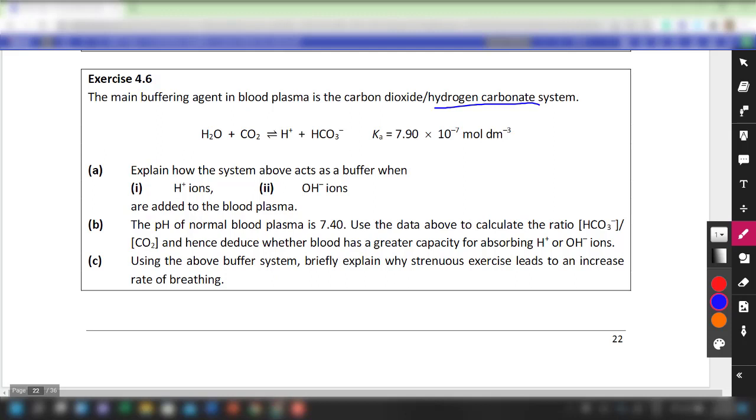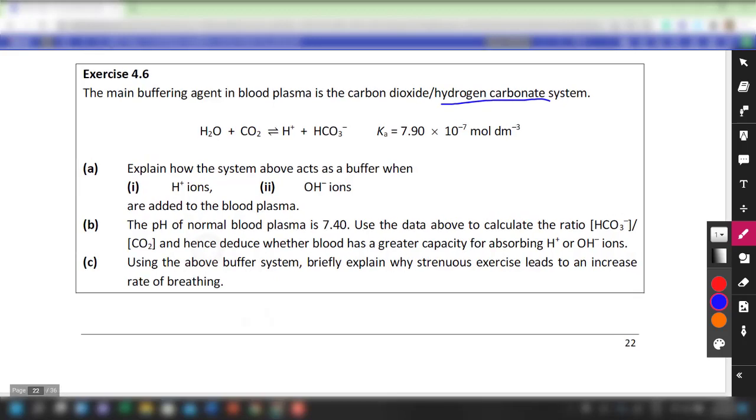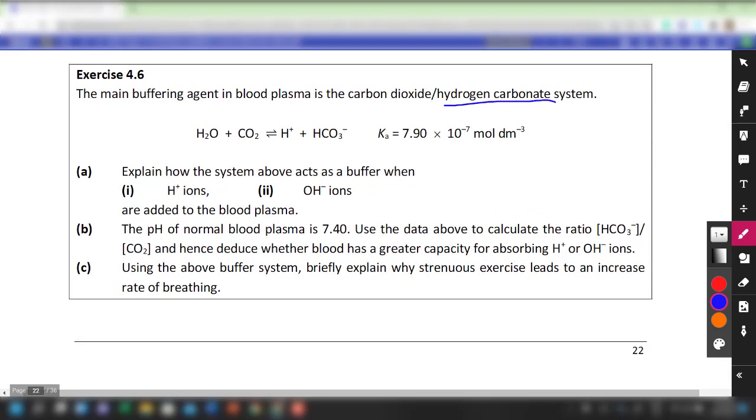It will be good for you to know the different naming systems. So explain how the above system acts as a buffer when H plus and OH minus are added to the blood. As I mentioned earlier on, it does help when you are able to write out a balanced equation.